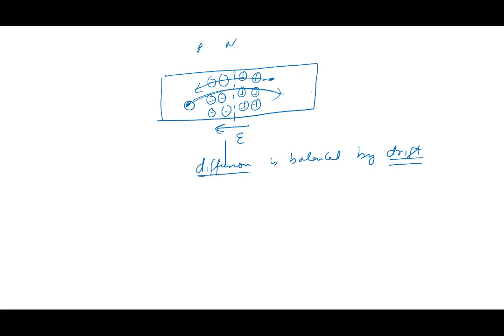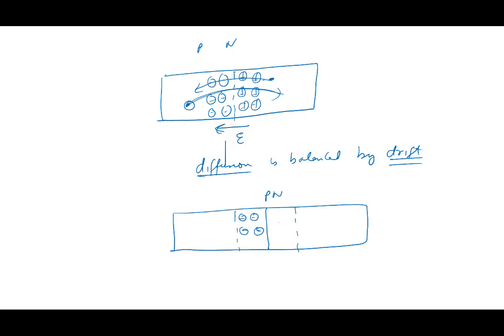At the end of all this process, you end up with this picture: a long PN junction. There's a region next to the junction which becomes charged. There are negative charges here, and positive charges here. This is what we call the depletion region. Why?